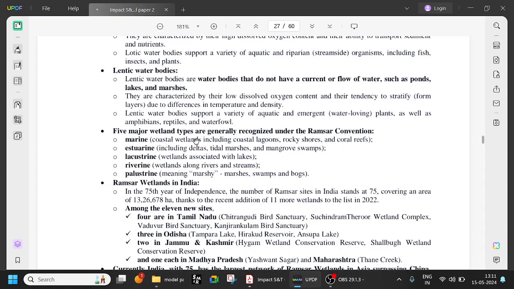Marine means coastal wetlands, including coastal lagoons, rocky shores, coastal reefs, like the Great Barrier Reef in Australia, and in Gujarat, Andaman and Nicobar, we have coral reefs and coastal wetlands like Kolleru Lake, Chilka Lake, Lake Pulicat, etc. Estuarine includes coastal lagoons, rocky shores, deltas, tidal marshes, and mangrove swamps.